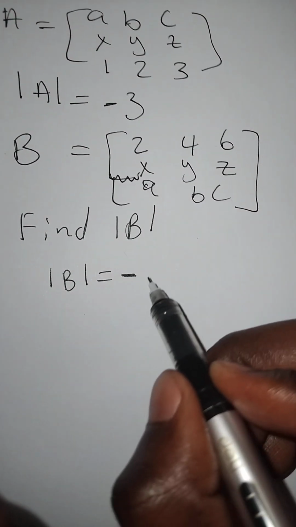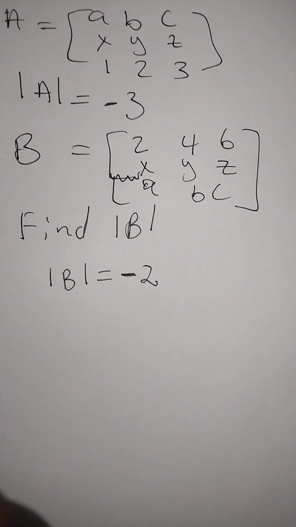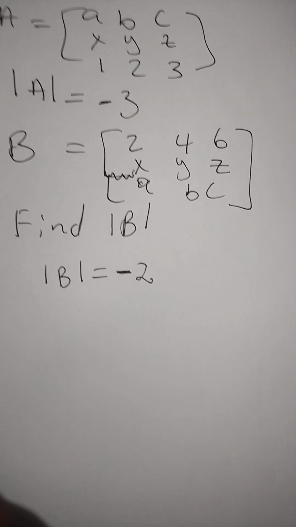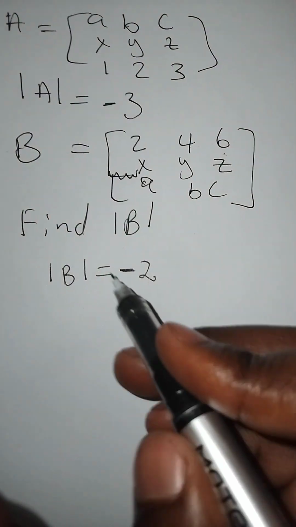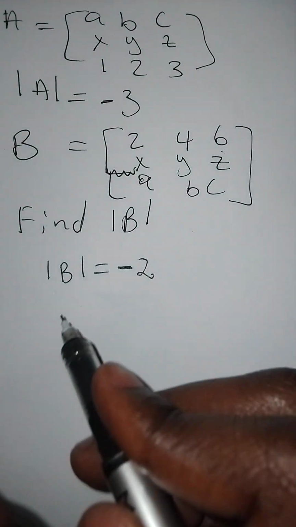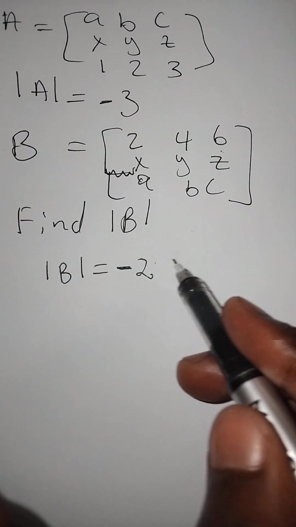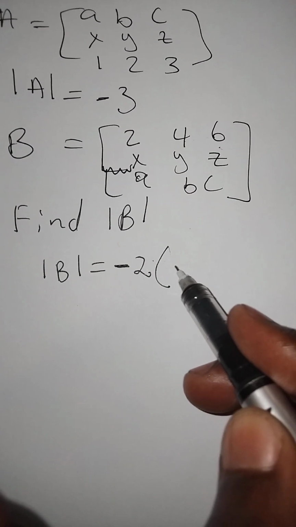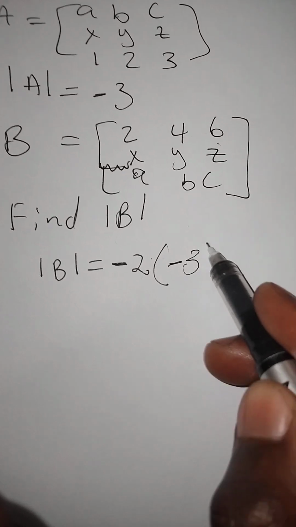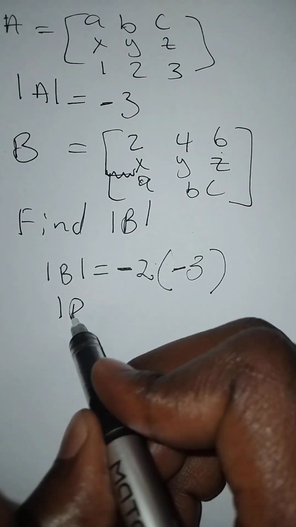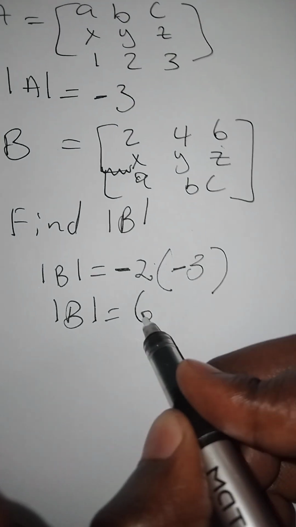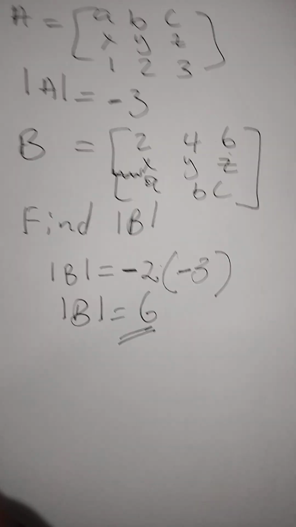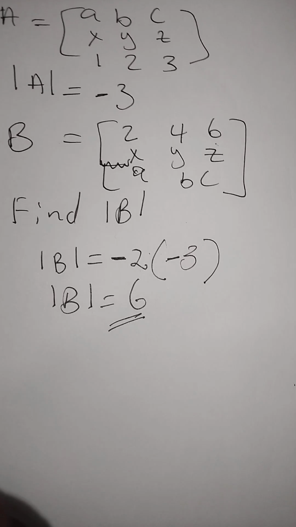Since they multiplied by 2, which is a scalar, you expect the determinant to be multiplied by 2 as well. Is that all they did to obtain B? Yes, that is all. So the determinant of matrix B is minus 2 multiplied by the determinant of matrix A. The determinant of matrix A is minus 3, so that simplifies to minus 2 by minus 3, that will be 6. So the determinant of matrix B will be equal to 6.